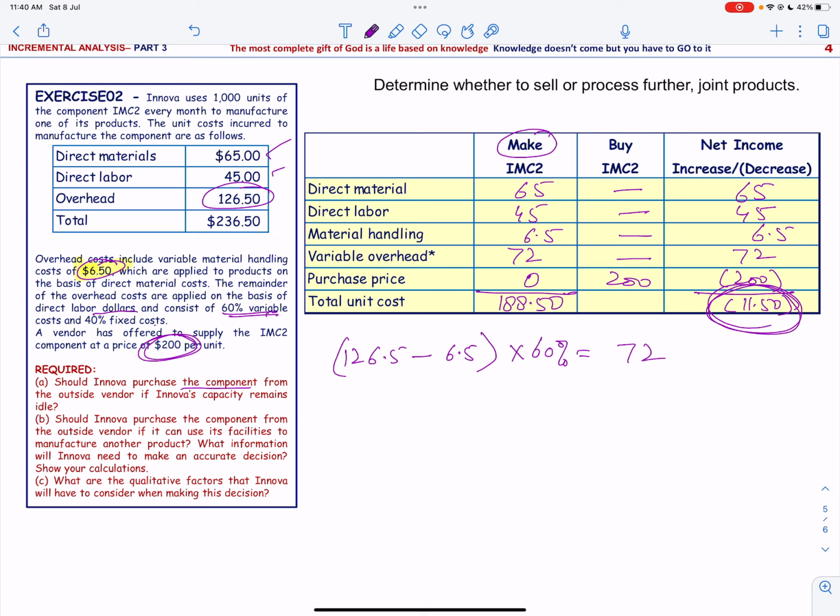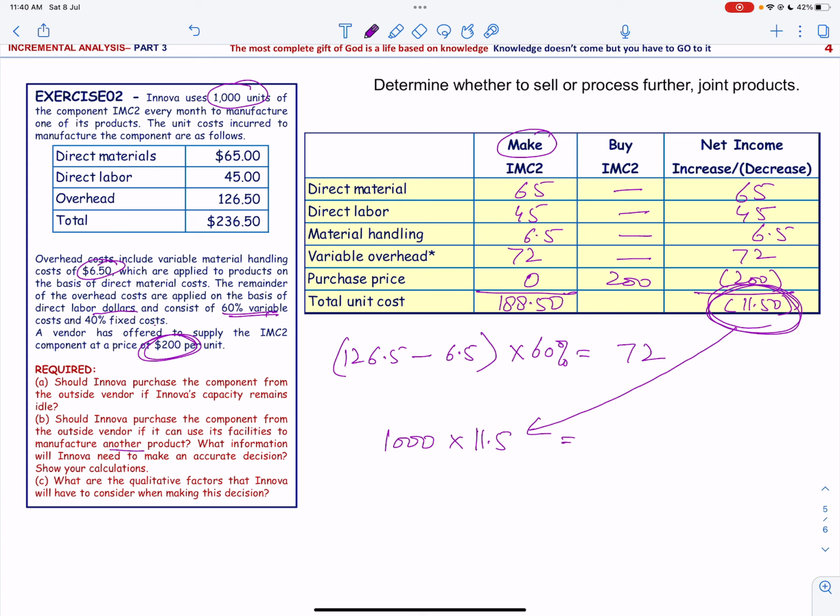Then should Innova purchase the component from the outside vendor if it can use its facilities to manufacture another product? So in that case, you see the total number of units is 1000, and there will be an additional cost of 11.5. That makes it how much?